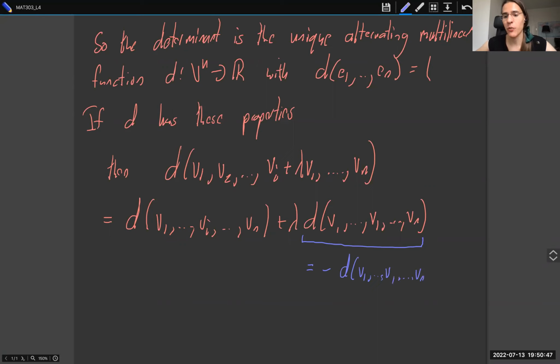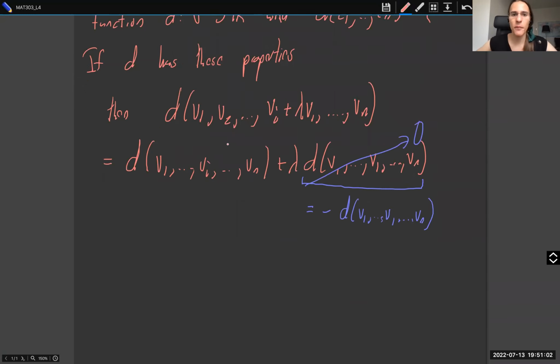But if it's equal to negative itself, then it has to be 0, because 0 is the only number that equals negative itself. So this has to go away. In other words, if I add any multiple of one of the items to any other item, it does not change the value of the determinant.